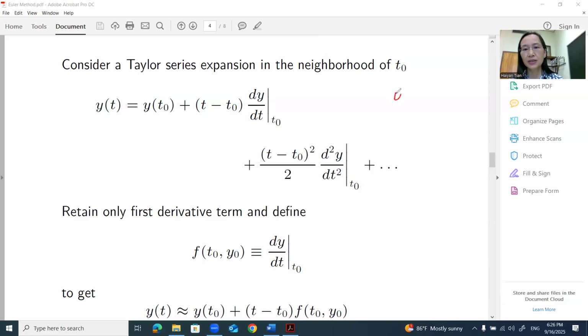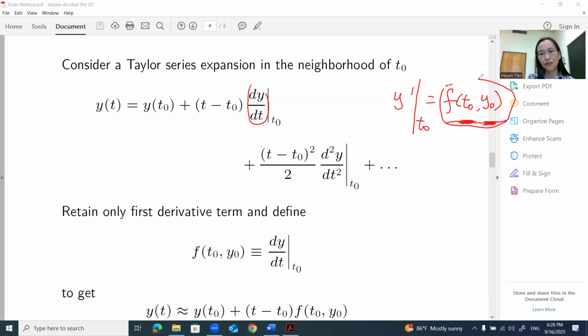The derivative at t0 is f(t0, y0), and we know the first point, t0, y0. We do have the exact slope if we simply evaluate the right-hand side function. So we know the slope of the tangent at the first point.